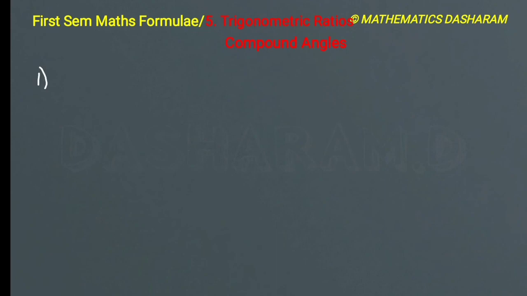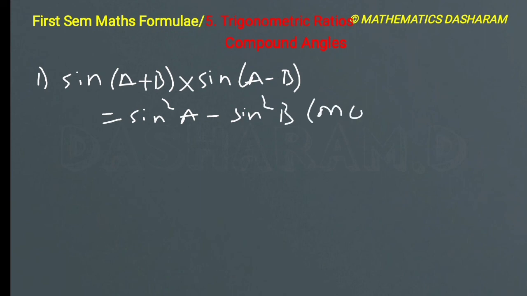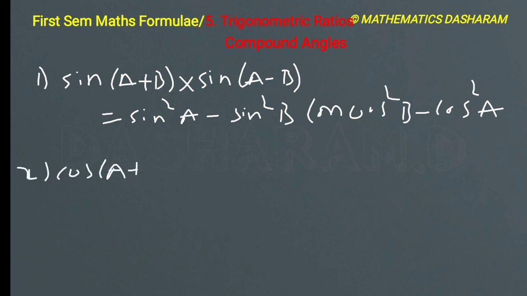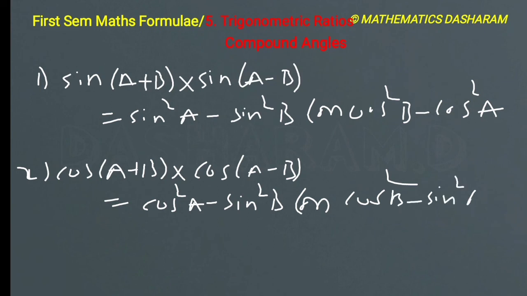Next, two important identities are: sin(A plus B) into sin(A minus B) equals sin square A minus sin square B, or cos square B minus cos square A. Next, cos(A plus B) into cos(A minus B) equals cos square A minus sin square B, or cos square B minus sin square A.